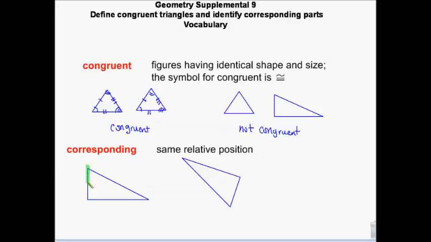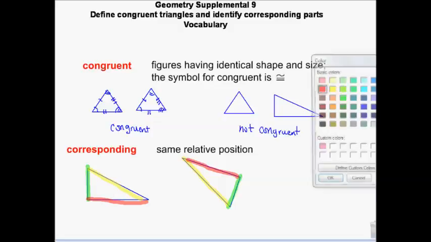This side will correspond to this side because they're in the same relative position, not in space, but in the triangles. Right? I have a short side, short side. The long side will correspond to the long side, and then the medium side will correspond to the medium side. So our sides will be in the same relative position.